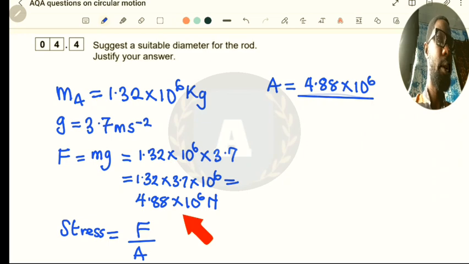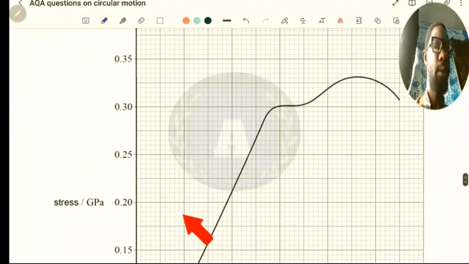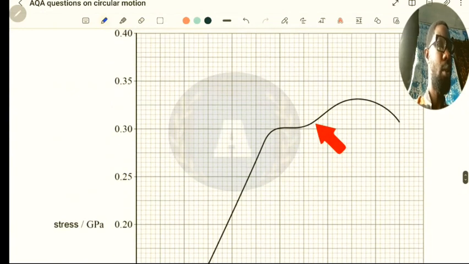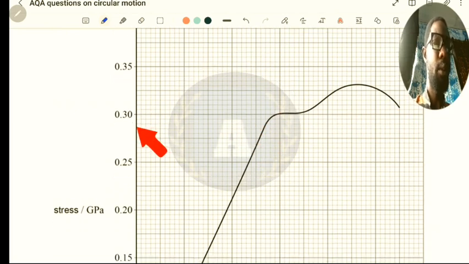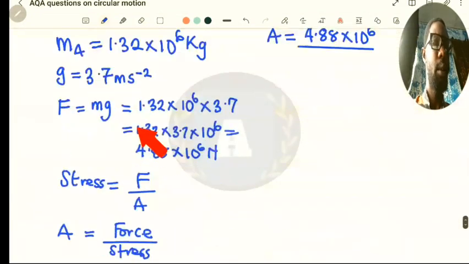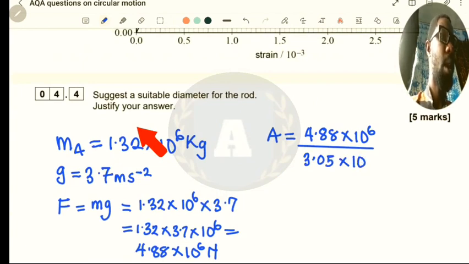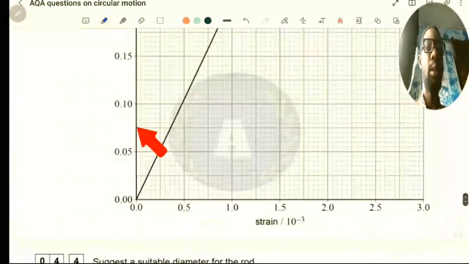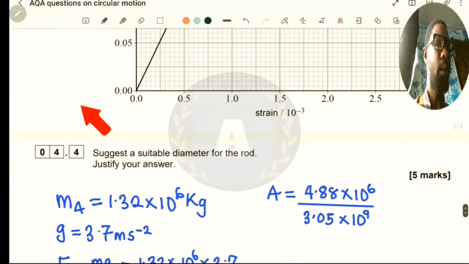Then the stress, we can get that easily from the diagram. I will trace it down here. That will be 3.05 times 10 to the power of 9, because it's actually in gigapascal.